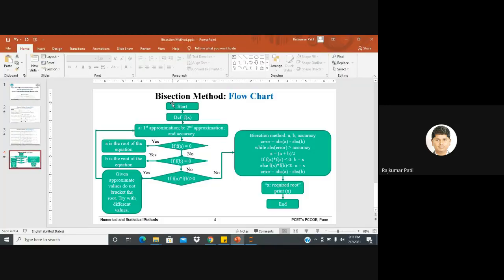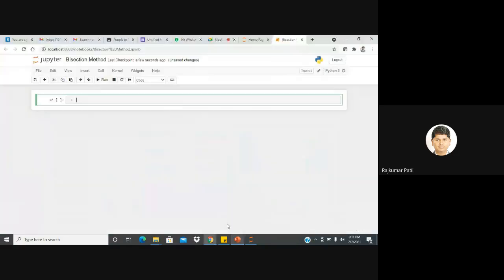So the first step I completed, then the second step is define f of x. Before defining the function, you can put some comments at the top, that is your name. So I'm writing my name here. Then you can write your roll number.